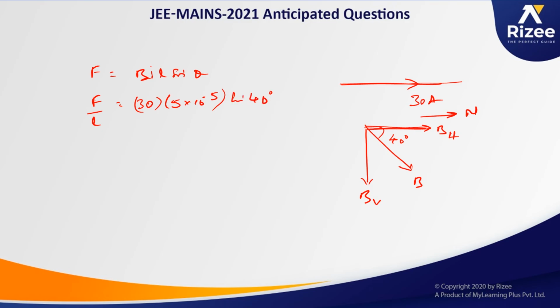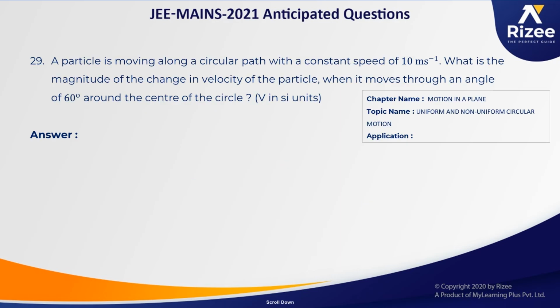So sine 40 degrees, you just need to solve, please go for the approximations. You can get this as 9.6 into 10 to the power of minus 5. This is your force per unit length. And by using the right hand rule, you can also find the direction of the force. Obviously that will be into the page. This is the condition.